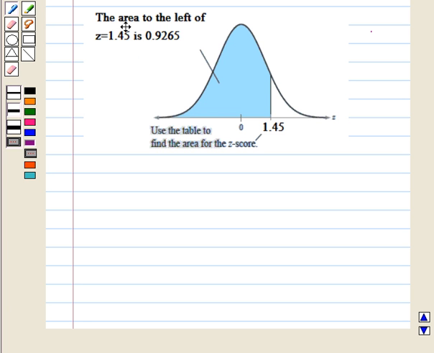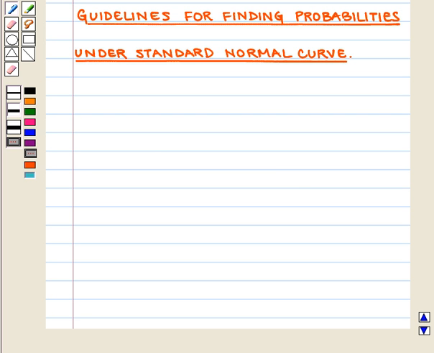So, the area to the left of z equal to 1.45 is 0.9265. That means probability of z less than equal to 1.45 is equal to 0.9265.